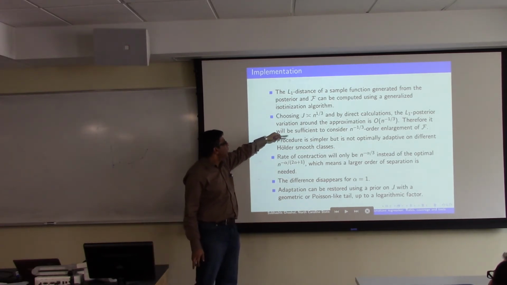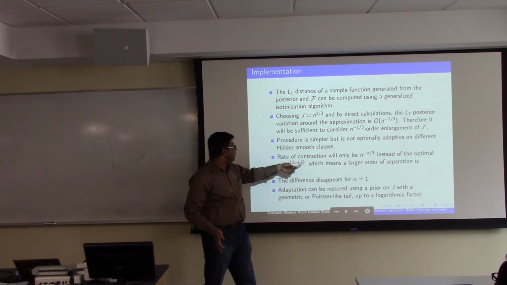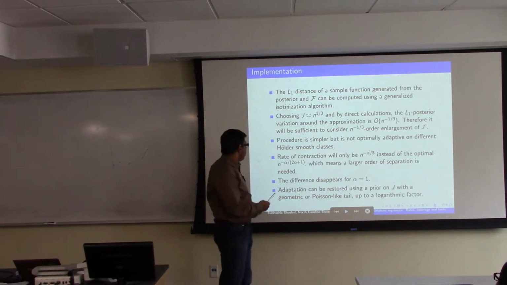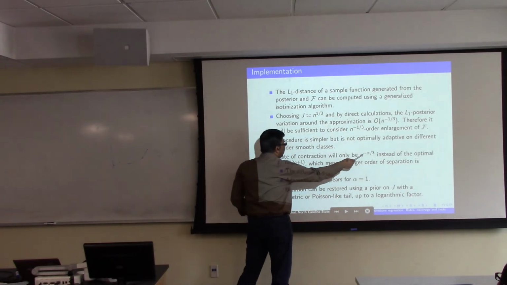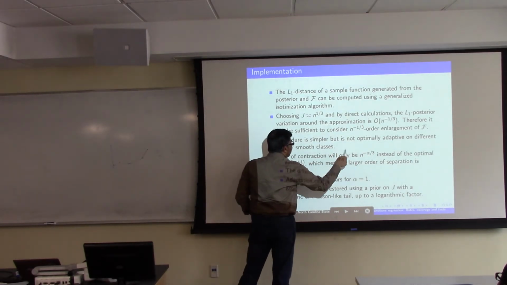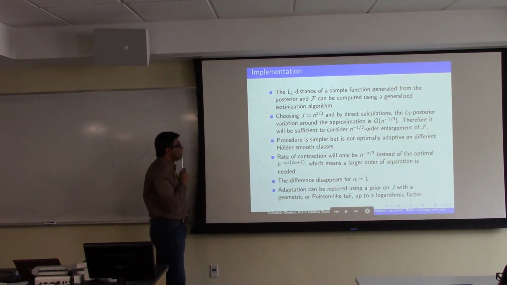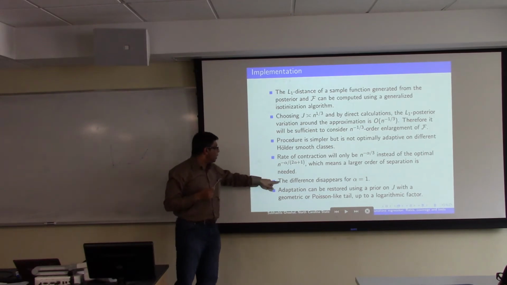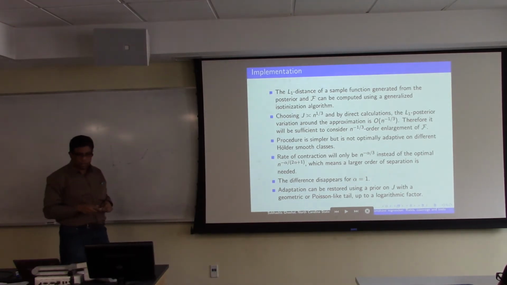We get universal consistency and nearly good separation, but not the best, because this is the difference. If you put a prior, you get the optimal one, n power minus alpha over 2 alpha plus 1. But if you don't put a prior, and just take J like n power 1/3, then you get this separation, which is somewhat bigger than the optimal. But the difference disappears if your alternative is smooth of order 1.